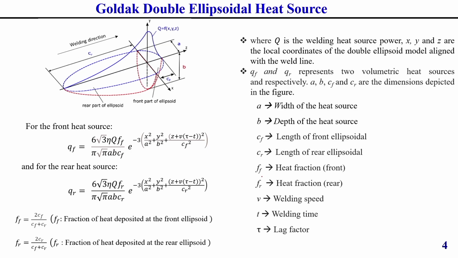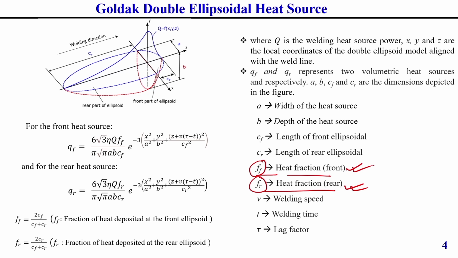Fr and Ff mean heat fractions. What portion of the heat is in the front ellipsoid, and what fraction of the heat is in the rear ellipsoid. Fr represents how much heat is in the rear ellipsoid, it is a fraction, a dimensionless quantity, and Ff is the fraction of heat in the front portion of the ellipsoid.